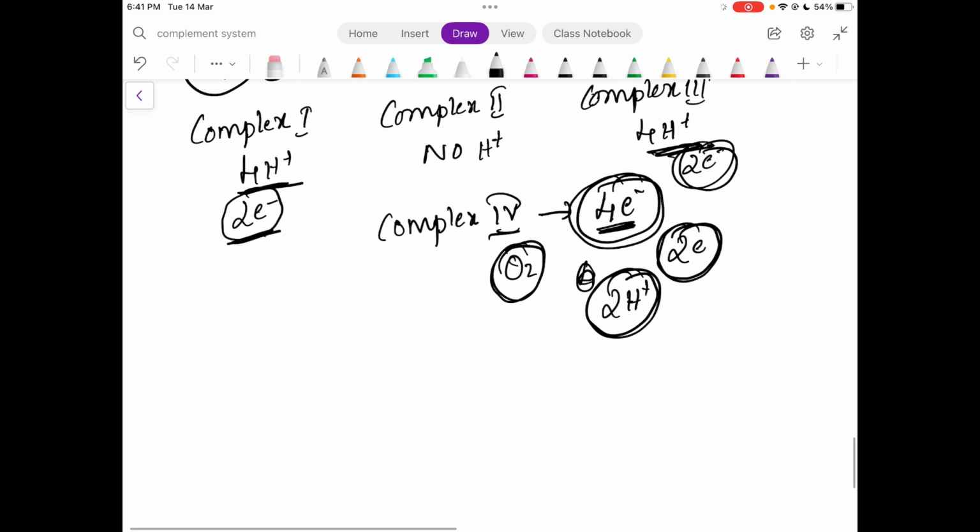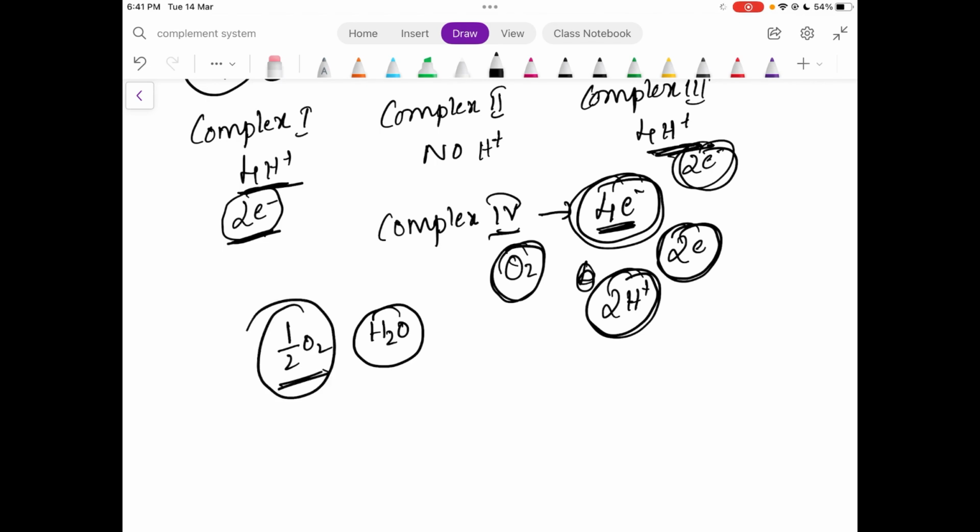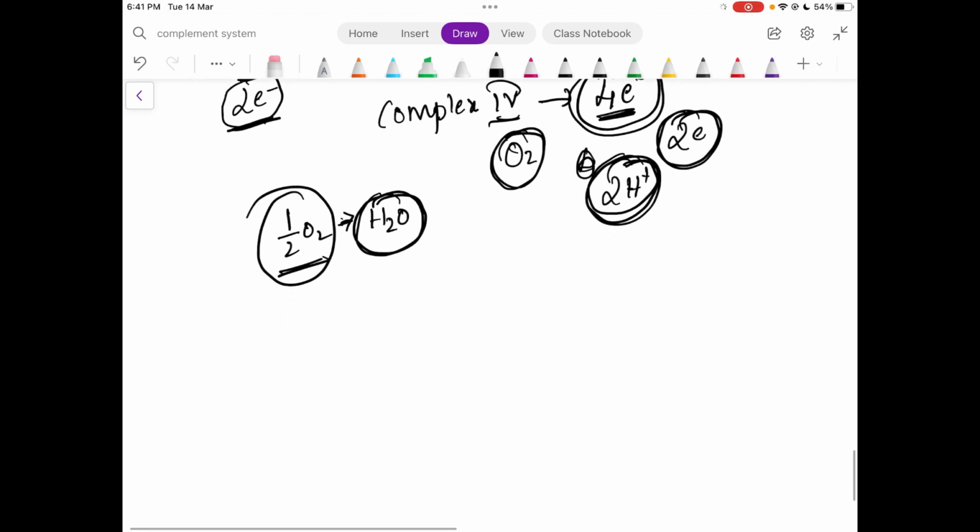Then the reaction will be like this. Instead of 2 H2O, you have to write 1 H2O, and half oxygen. You'll write in the reaction half oxygen, and you'll get 1 water molecule and only 2 H plus ions.